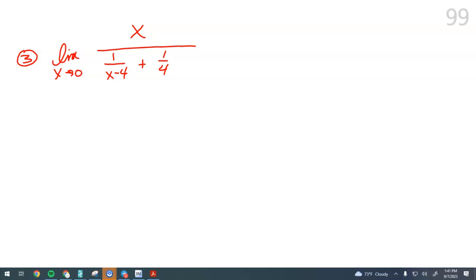So I need to count the denominator. So I need to multiply this by 4, and the top by 4. This by x minus 4, and the top by x minus 4. That's the same idea as like the 1/3 and 1/4. It's just like you multiply those two things together, and that'll be your common denominator.